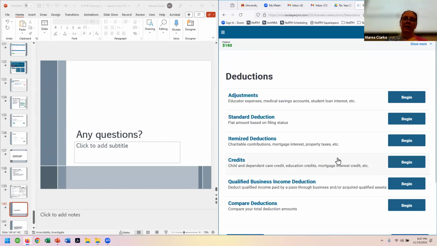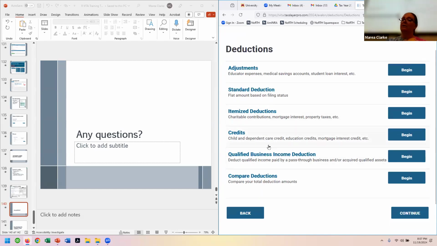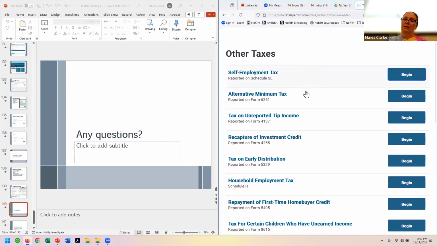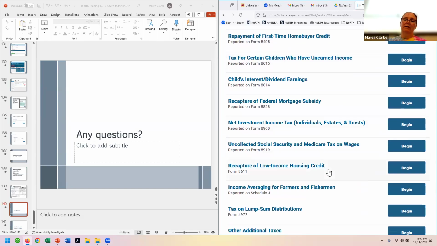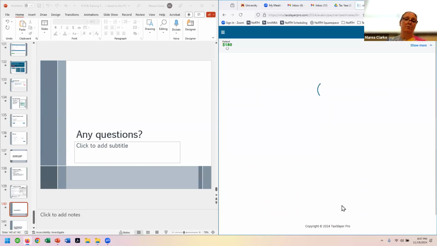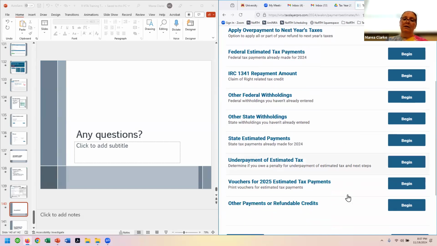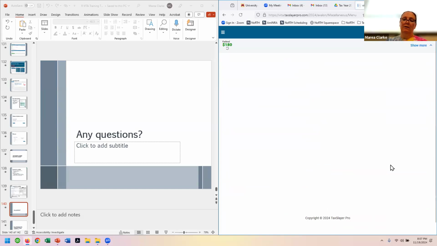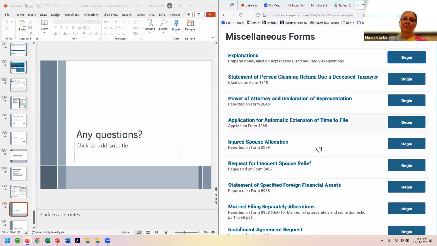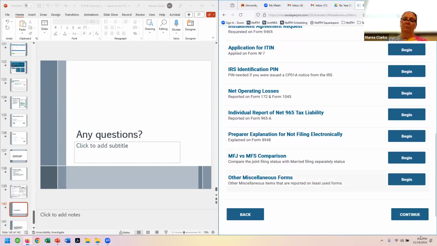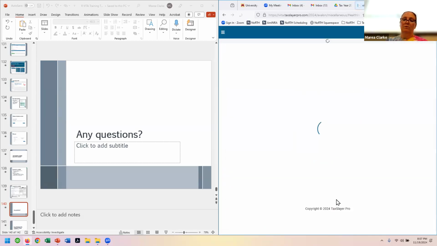We haven't talked about any credits, but we'll say for now, Jacob doesn't get any of those things. Doesn't have any other taxes, right? None of this stuff really applies to him because he's very simple. He didn't make any extra payments, nothing exciting. No miscellaneous forms.